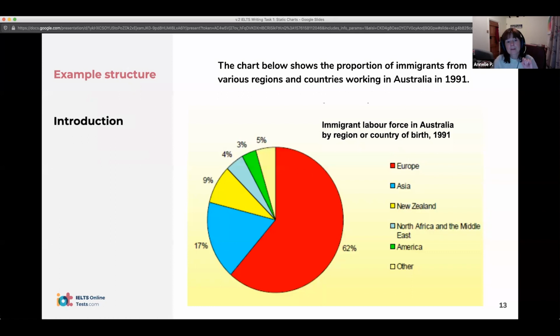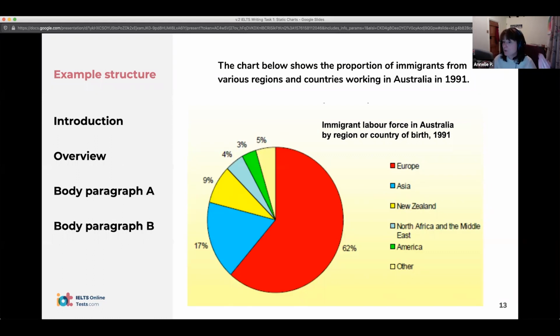Okay. So standard structure, this is true for all of the task one writing. So we need our introduction, our overview, then you want your body, but it's always a good idea to divide the body up into a couple of paragraphs. It's just easier for the examiner to read. It looks better, helps you organize your thoughts more as well.